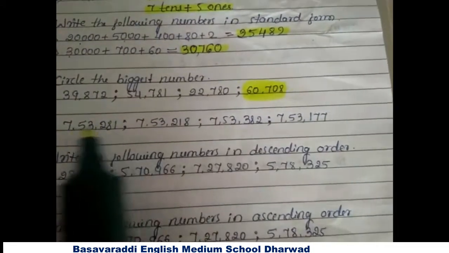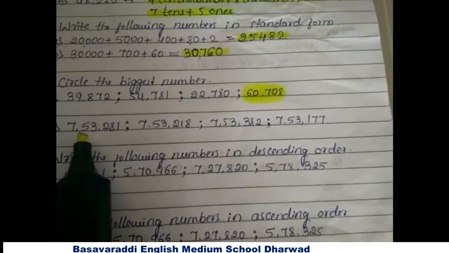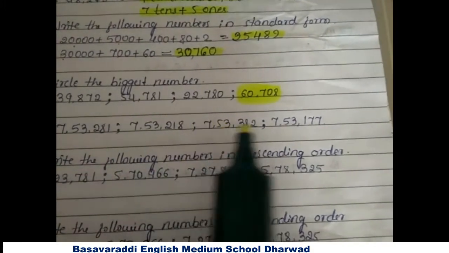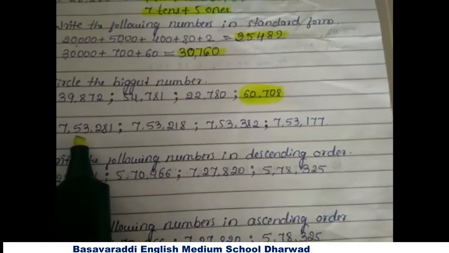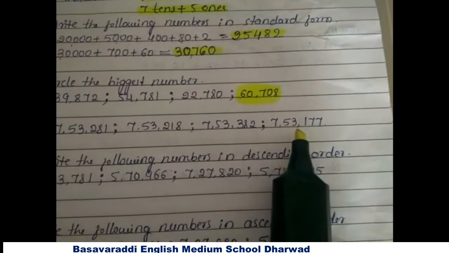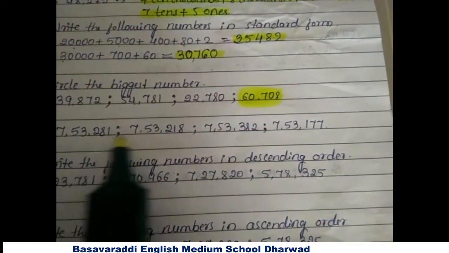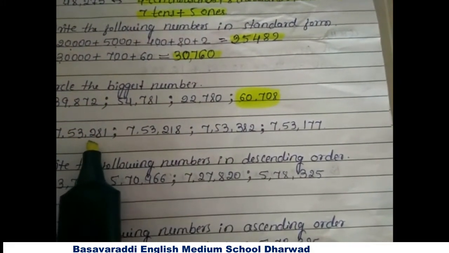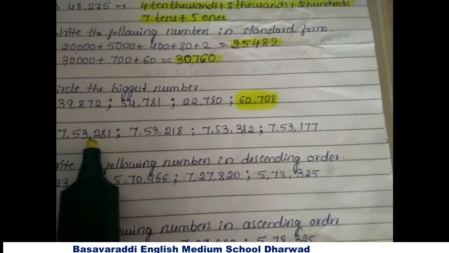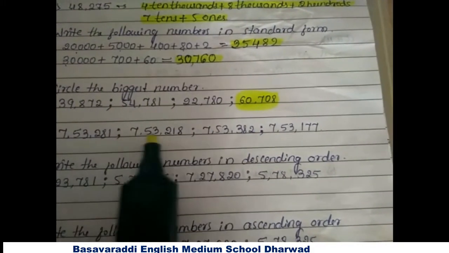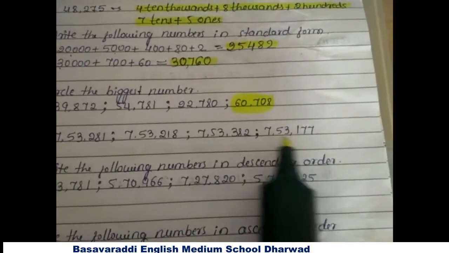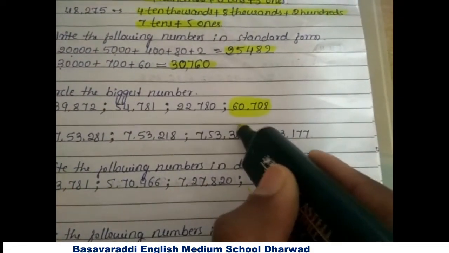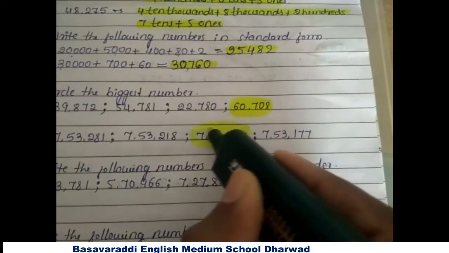All have 7. Next, 5, 5, 5 and 5. Next, 3, 3, 3 and 3. Next, in the hundreds place, 2, 2, 3 and 1. So compare the numbers in the hundreds place. Which one is the biggest? 7,53,382. This is the biggest.